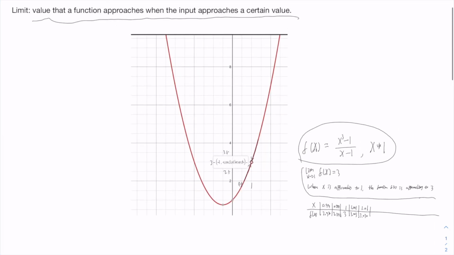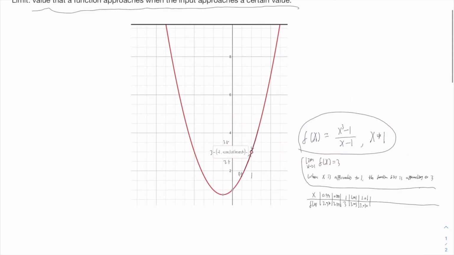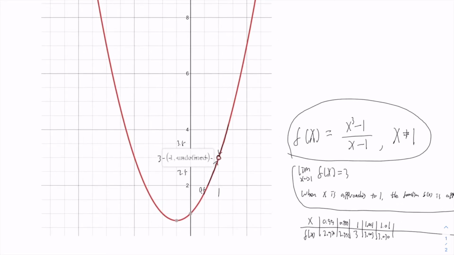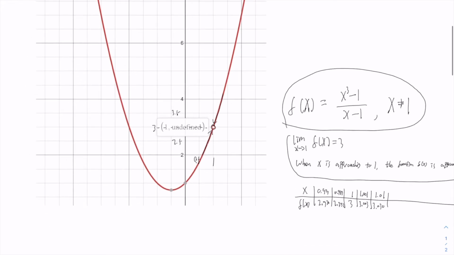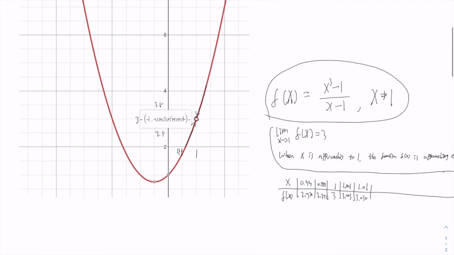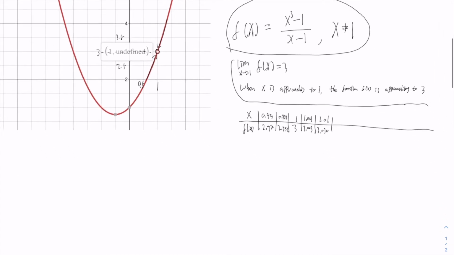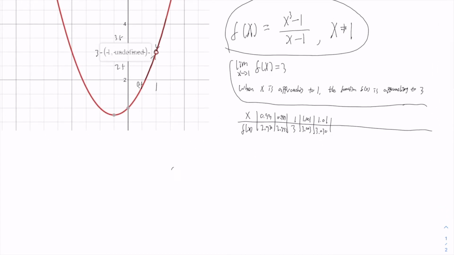And this is the really basic part about limit. Well, you will not have time to do these tables or draw this graph in the exam, so you have to calculate the limit numerically by yourself. So let's still use this example: f of x equals x cubed minus 1 over x minus 1.